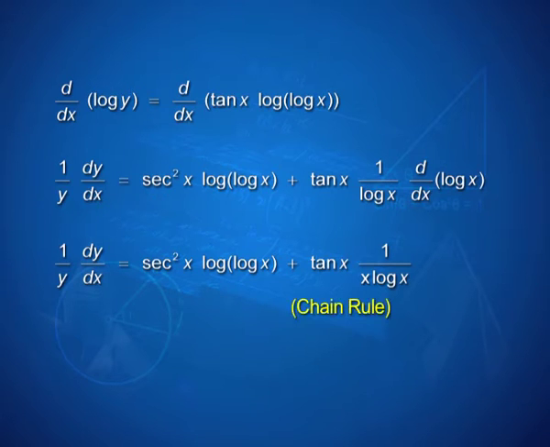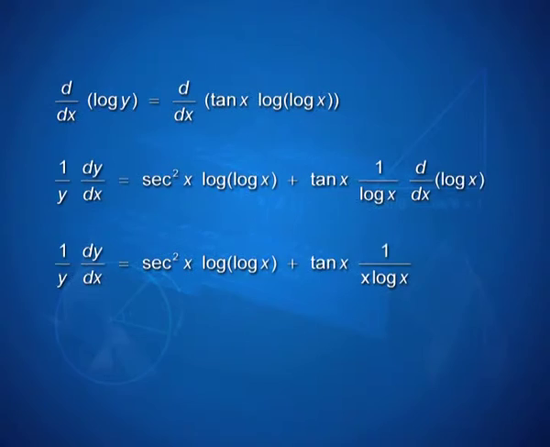Again, presence of chain rule, log derivative will give me 1 by log x. So, when I say log derivative, it is the derivative of log x with respect to log x, and then chain rule requires that I multiply with the derivative of log x, which is 1 by x, and thus our dy by dx is ready.